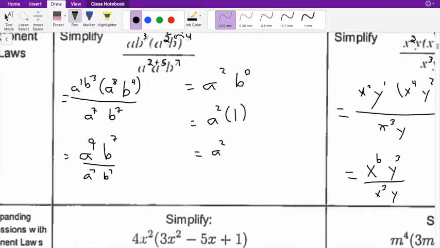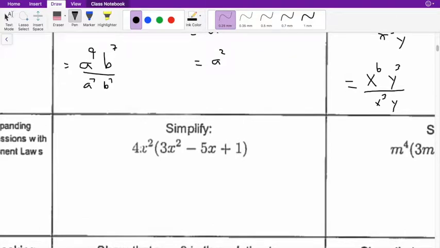So, expanding. So we have to expand this bracket. So we're going to rainbow in this. And the key thing to remember here is that numbers times numbers, letters times letters. Okay? So if we start here, 4 times 3 is going to be 12.